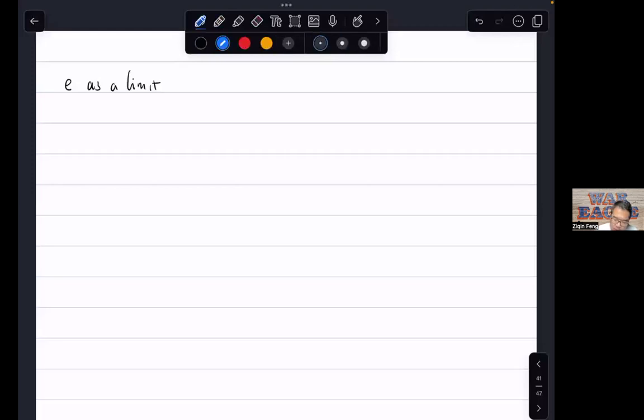We start from this function f of x equal to natural log of x, right? Which means f prime of x is 1 over x. So f prime of 1 equal to 1, right? So what's the meaning of f prime of 1 from the definition?